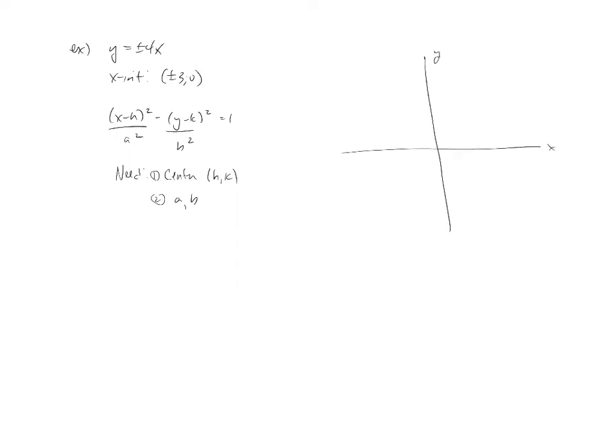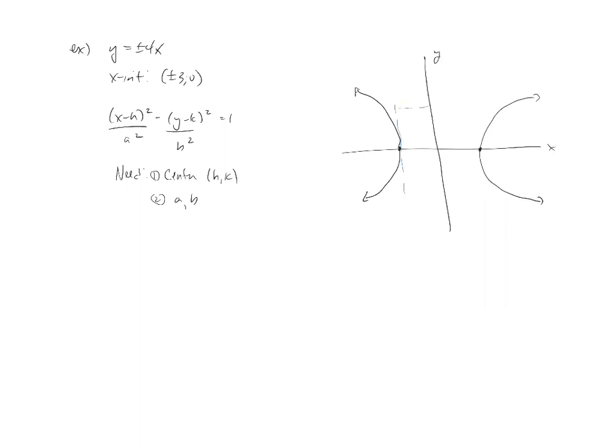I know that my intercepts here at 3 and negative 3 tell me that my graph is going to do one of these. And I also know that I have asymptotes at plus or minus 4x. Now, before I sketch those in, remember the earlier picture. If you have these 2 parts, there's a box sitting in the middle of them.